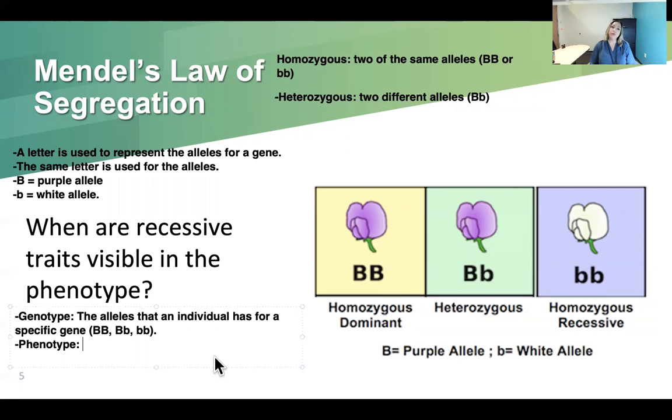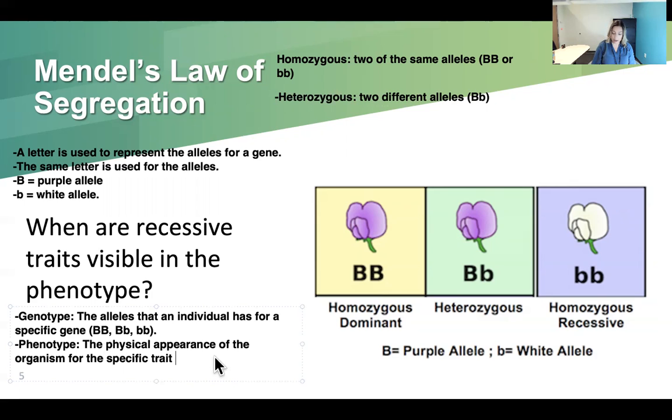So I always think of phenotype, physical appearance, right? They start with a PH. That's how I remember things, but whatever works for you. So phenotype is the physical appearance of the organism for the specific trait.